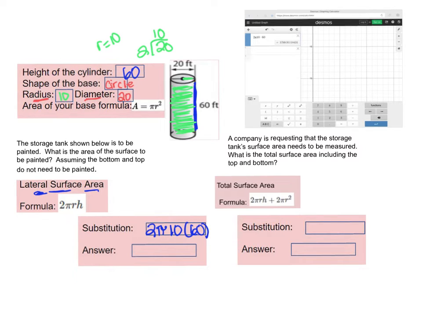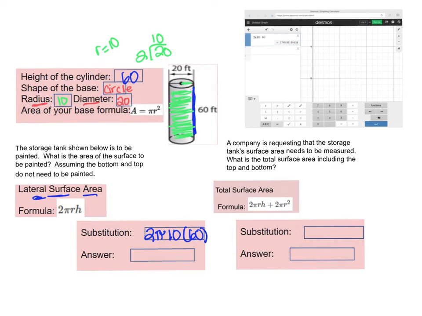Okay, so the surface area will be, let me get back into my writing tool, 3,769.9, rounding to the nearest tenths, feet. So that would be my answer for lateral surface area only.